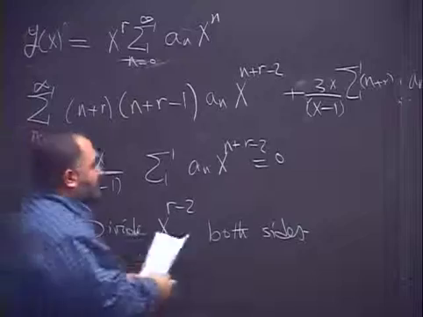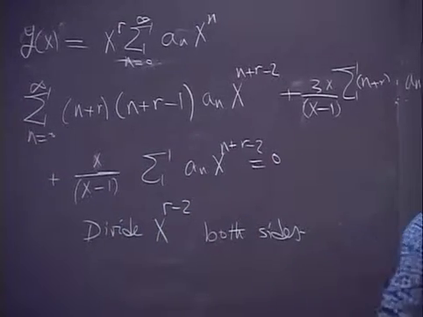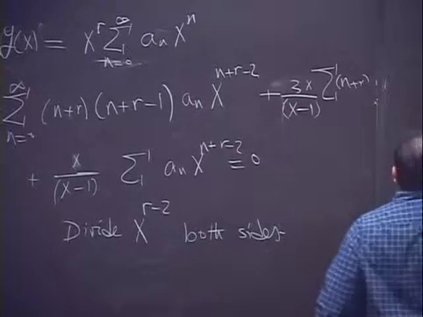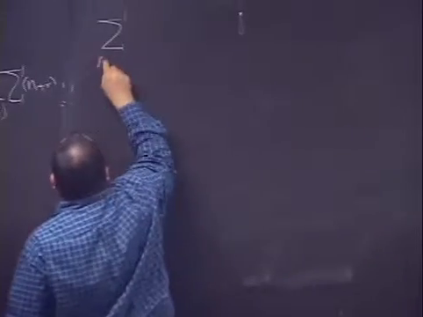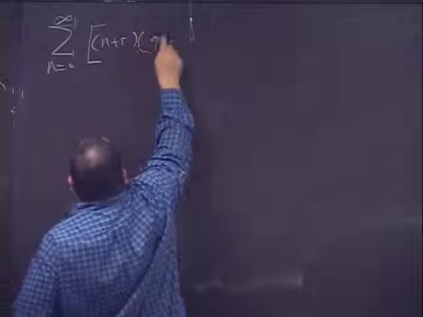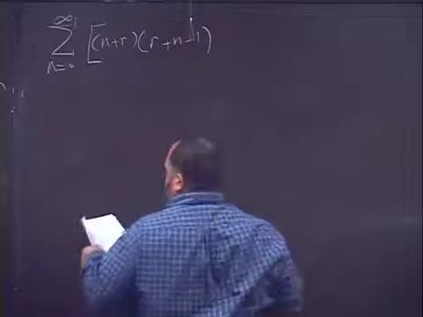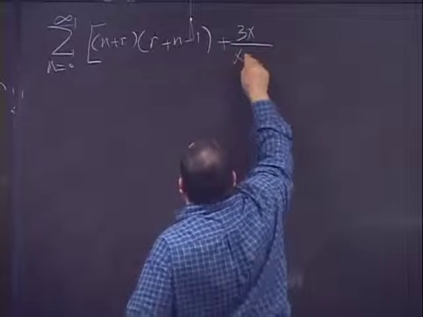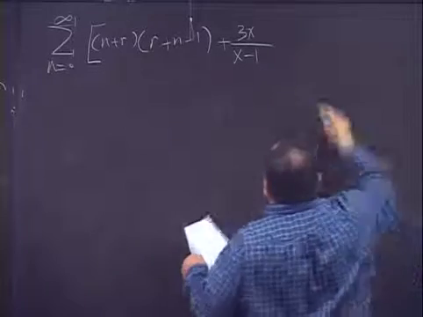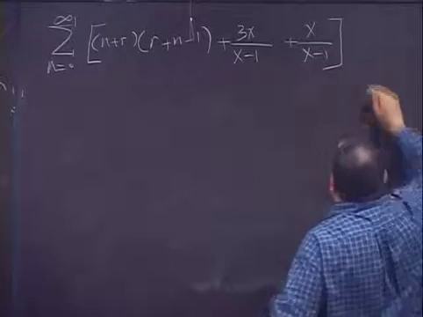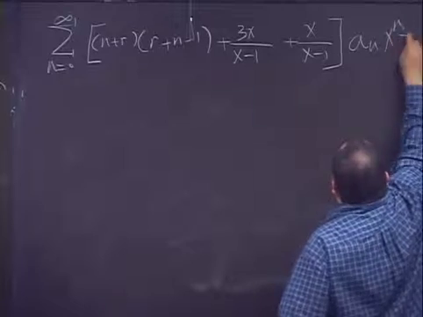If you do this, you will end up with this equation: summation from n equals 0 to infinity of (n plus r) multiplied by (n plus r minus 1) plus 3x over x minus 1 plus x divided by x minus 1, all multiplied by a_n x to the power of n, equal to 0.